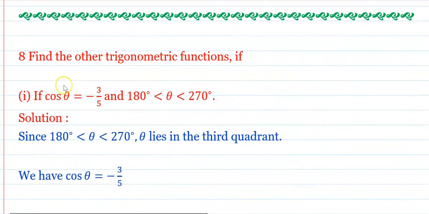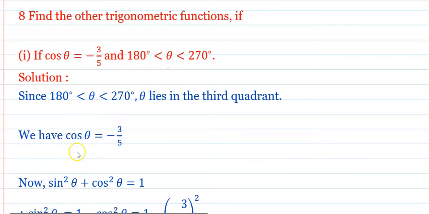Now the next question, question number 8. Find the trigonometric functions of cos of theta is equals to minus 3 by 5 and theta lies in the third quadrant. In third quadrant only tan is positive and all the remaining trigonometric ratios are negative. Cos theta is equals to minus 3 by 5.